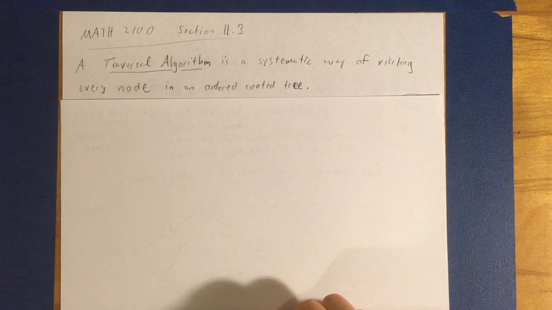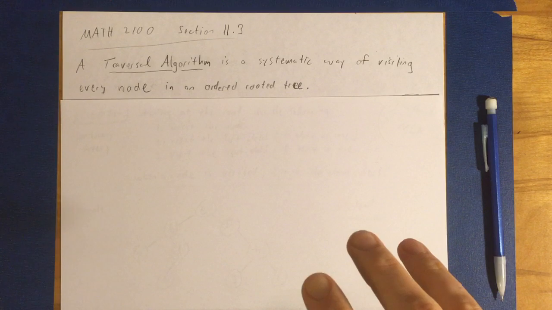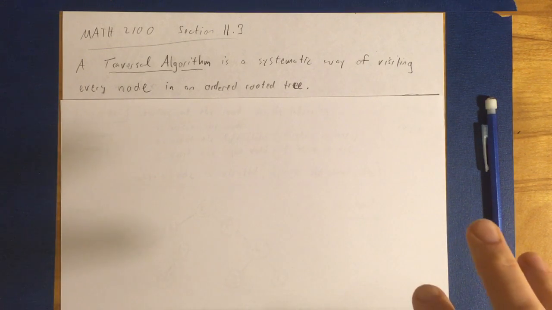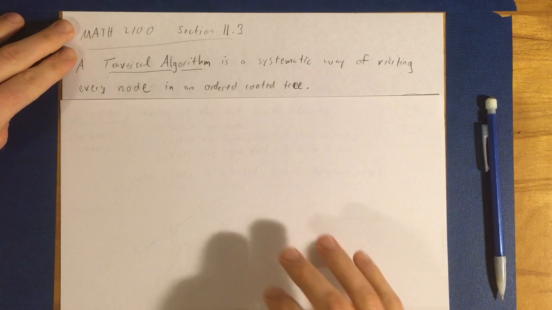So we're going to look at a few different algorithms for going through a tree, and specifically binary trees for these examples, visiting all of the nodes in some systematic way.